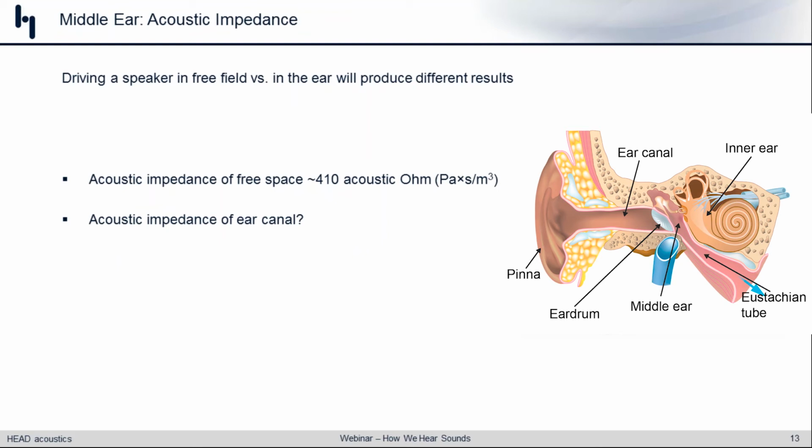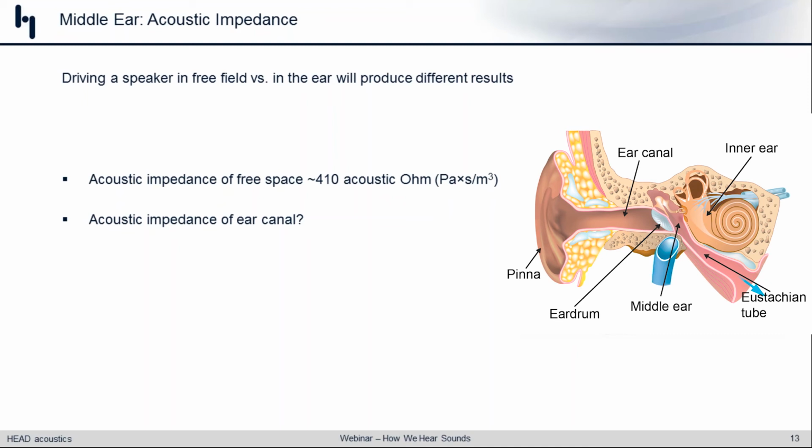So let's move on, because speaking about headphones, the thing about the ear as well is it presents a unique acoustic impedance scenario that we don't see in a free field environment. If you're familiar with the physics of free air, we have roughly 410 acoustic ohm across the spectrum in free space.